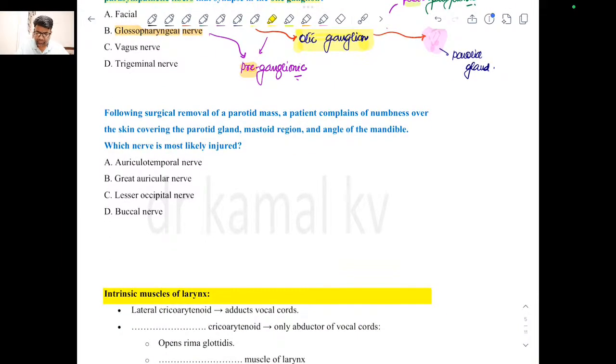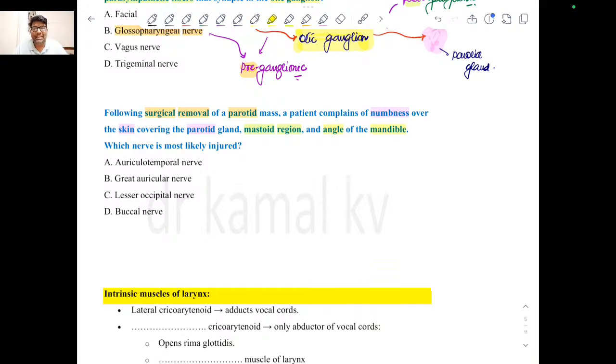Next question. Now this was asked in the recently concluded FMG exam about surgical removal of a parotid gland or a parotid mass. Now after this, what is happening? The patient is having numbness over the skin, over the parotid, mastoid region, and classically the angle of the mandible.